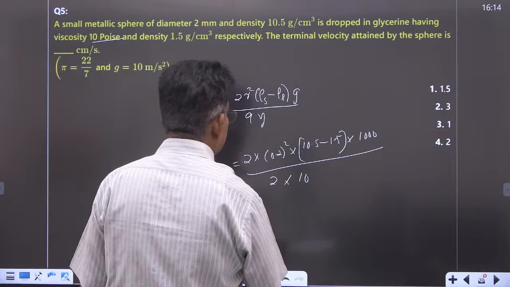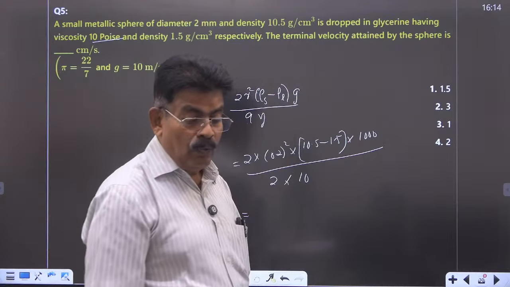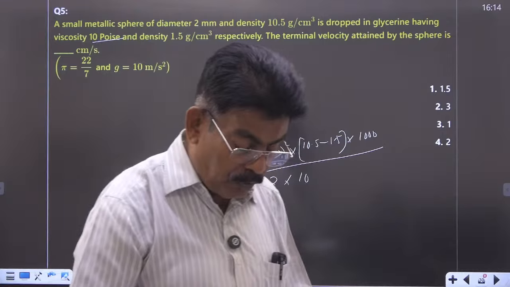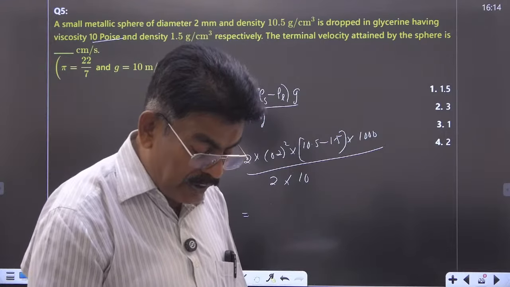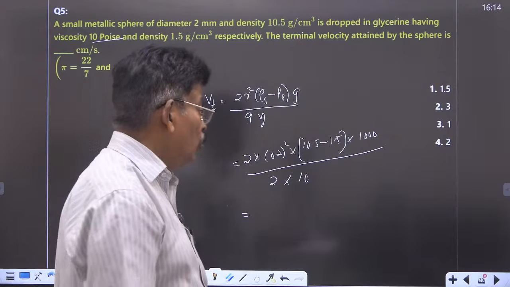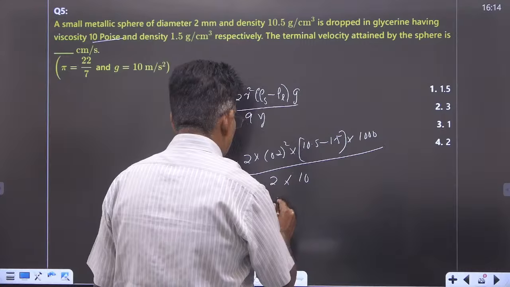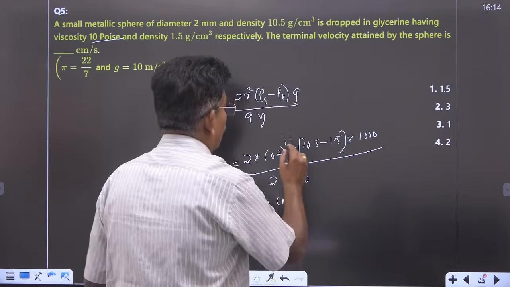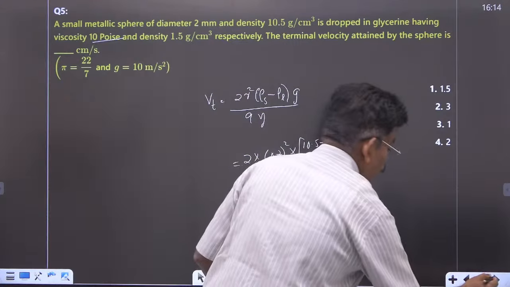Everything is in CGS system, and we will get the value of terminal velocity as 2 centimeter per second. You work it out; I substitute everything, you can do it yourself.